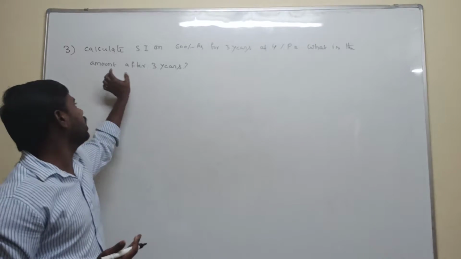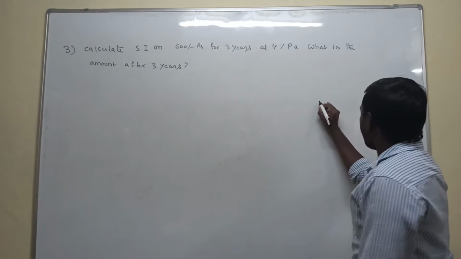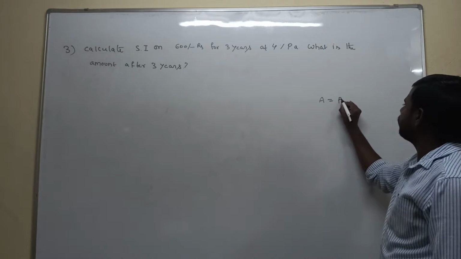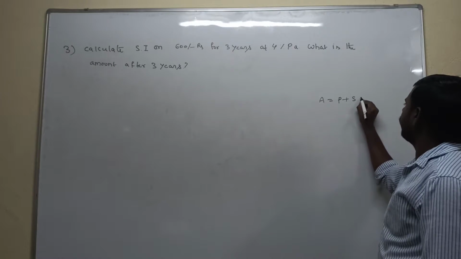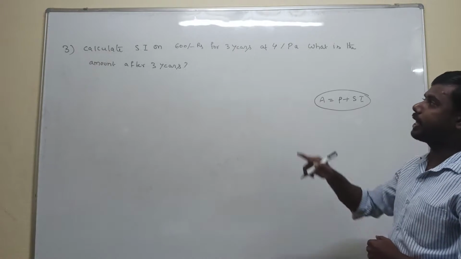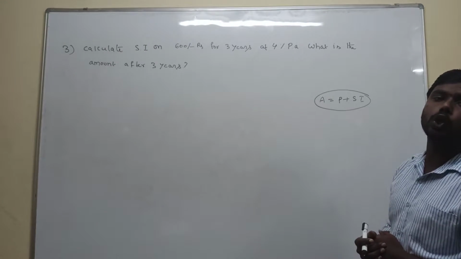Here we apply the amount formula. What is the amount formula? Amount, denoted by capital A, is equal to principal plus simple interest. This is the amount formula. We first calculate simple interest, and after that we calculate the total amount.